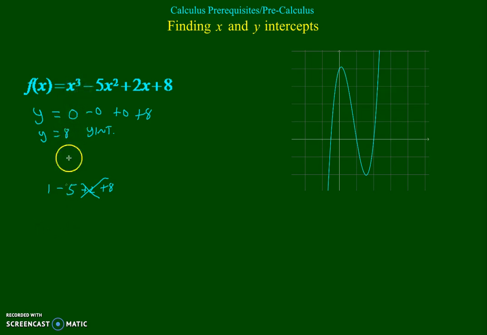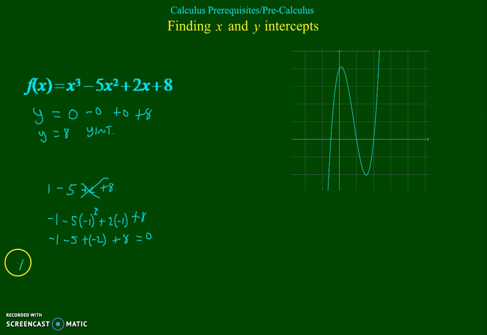Negative 1 to the third is negative 1, and minus 5 times negative 1 squared, that's negative 5, plus 2 times negative 1, which is negative 2, plus 8. So negative 1, negative 5, negative 2 gives negative 8, plus 8 is 0. So that means negative 1 is one of our zeros.